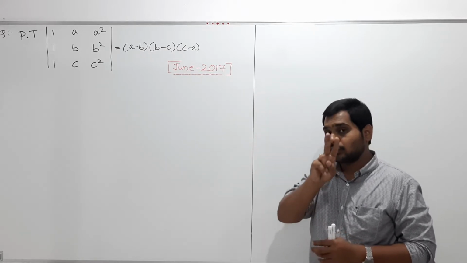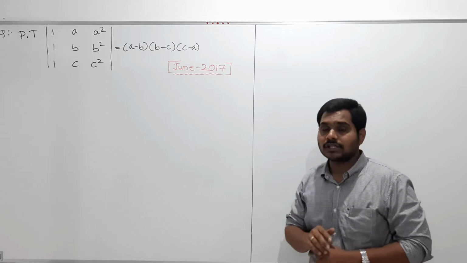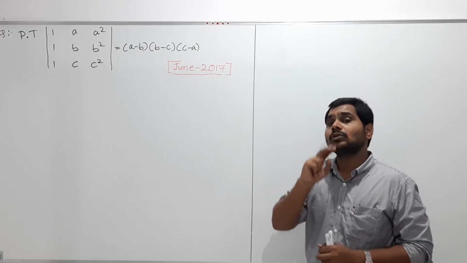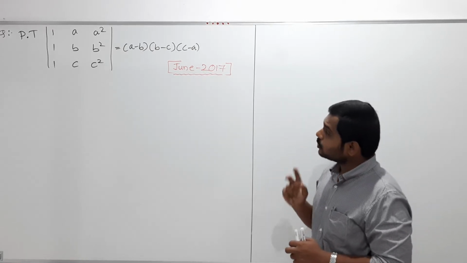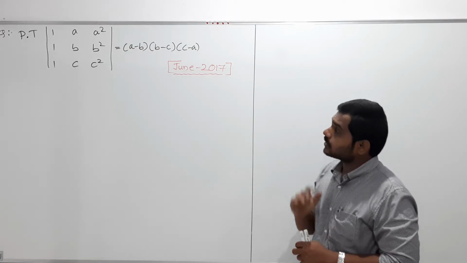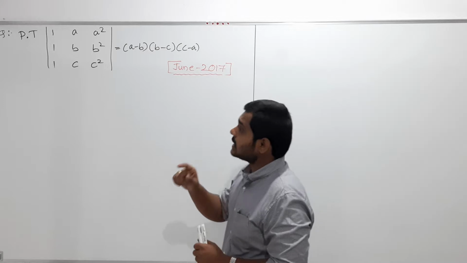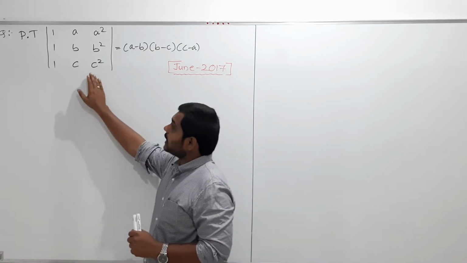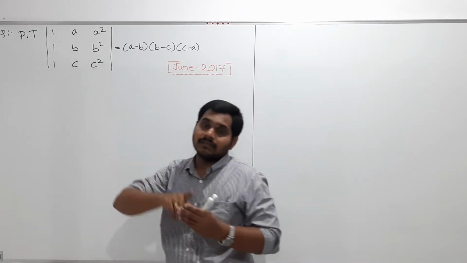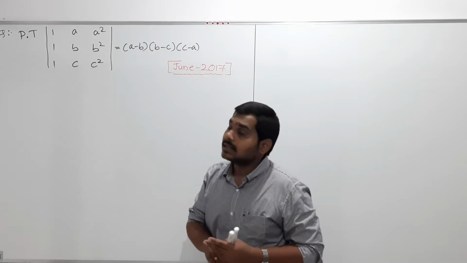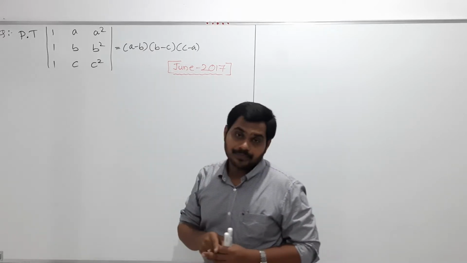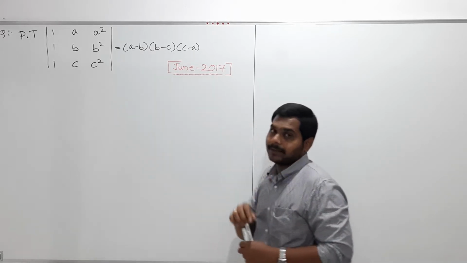You should keep these two things in mind whenever you solve such questions. The first thing is how to make the elements 0, and the other is what I should prove.